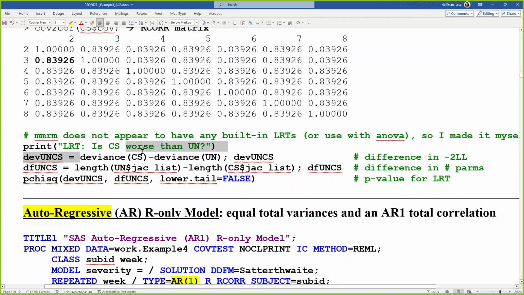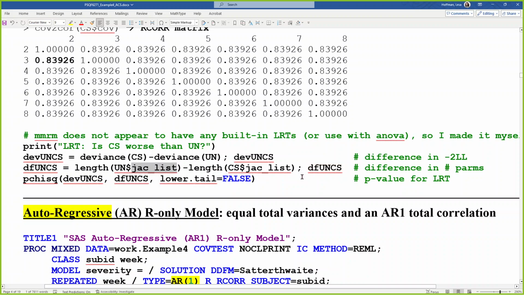So I saved an object comparing the deviance of compound symmetry, minus 2 log likelihood, minus that of unstructured. So note the order, fewer minus more. Printed it. Then I figured out the number of parameters in something called JACList. I know, I had to do a lot of digging to figure this out, and I have no idea what a JACList is. It sounds vaguely pornographic, to be honest.